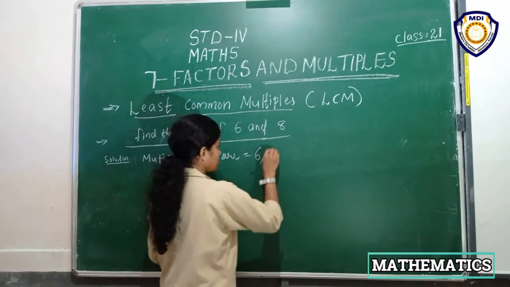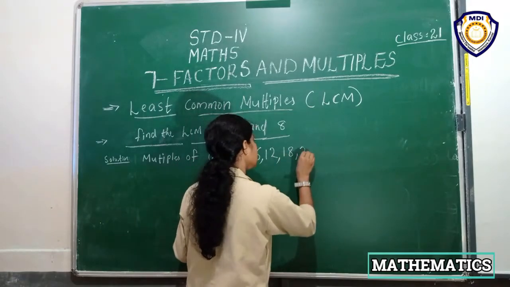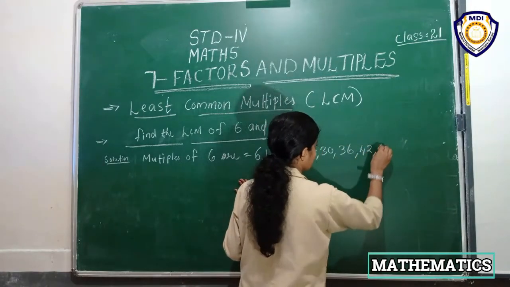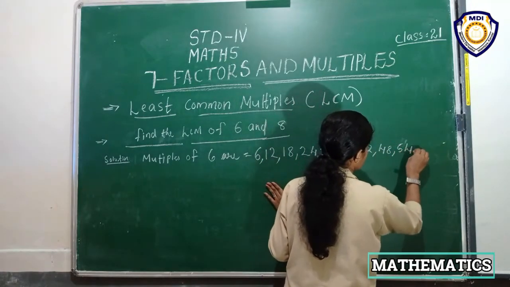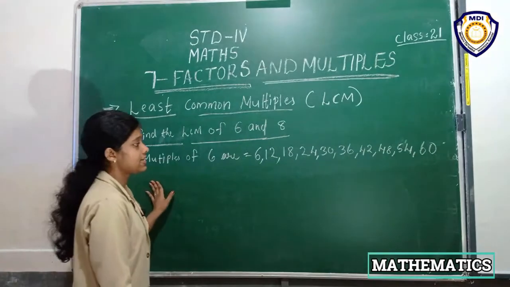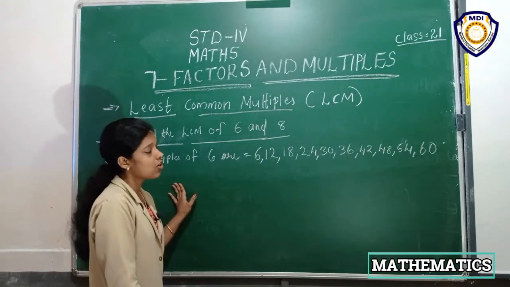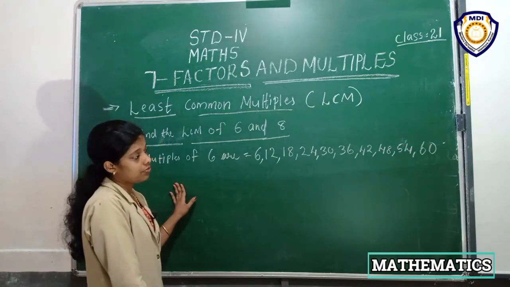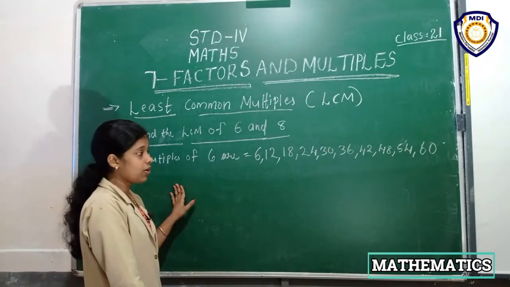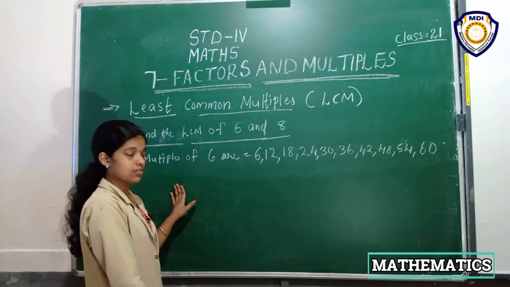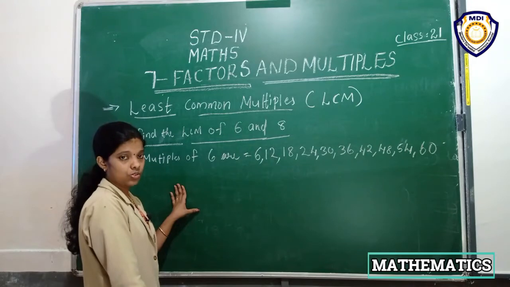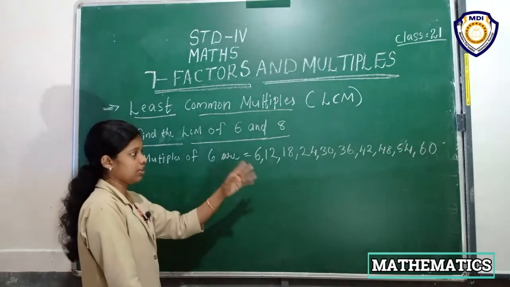Multiples of 6 are 6, 12, 18, 24, 30, 36, 42, 48, 54 and 60. This is the table of 6. 6 ones are 6, 6 twos are 12, 6 threes are 18.